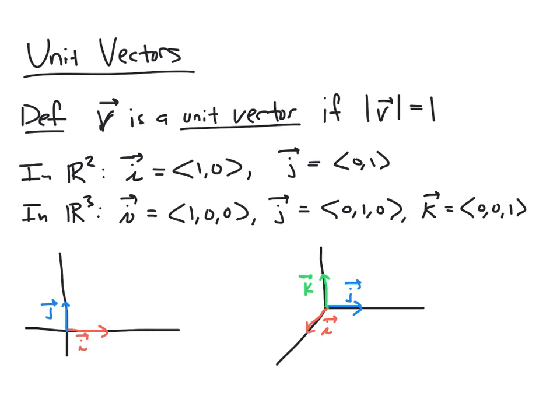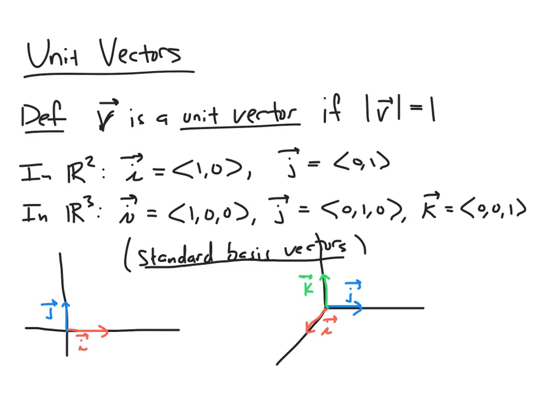Just so we have a name for these vectors i, j, and k, we're going to steal this from linear algebra. We're going to call these the standard basis vectors. So when we're talking about the standard basis vectors, we're referring to the vectors i, j, and k.